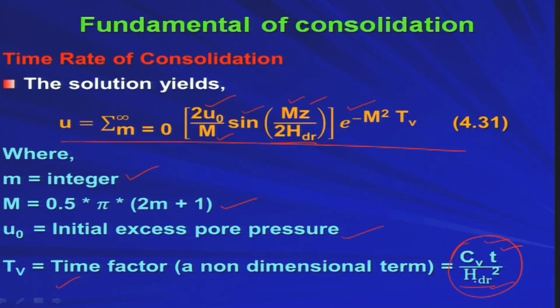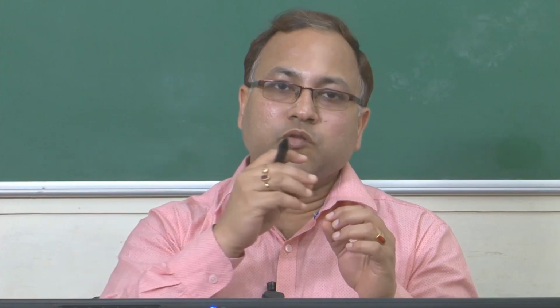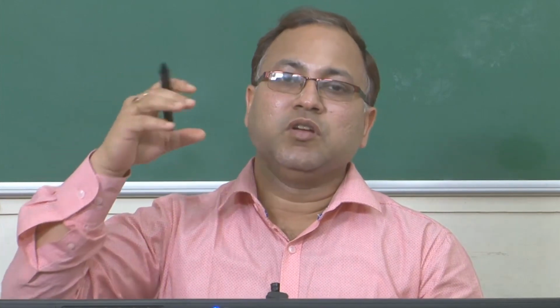So, if you know T v, if you know u naught, if you know all those things, you can find out u. What is u? u is the excess pore water pressure at different times, right. So, as time increases, you can find out how your excess pore water pressure is going to build up, or how it is getting dissipated, right. That is your main objective.